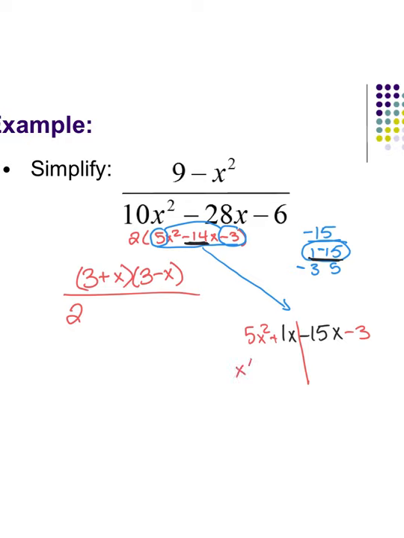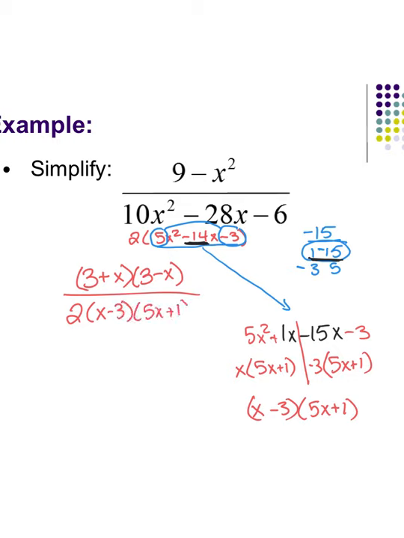So I can take an x out of this side, 5x plus 1. I have to have 5x plus 1 on this side. So on the right side, I pulled out a negative 3 as my greatest common factor. So I'm left with x minus 3 and 5x plus 1. So those go down here, x minus 3, 5x plus 1.